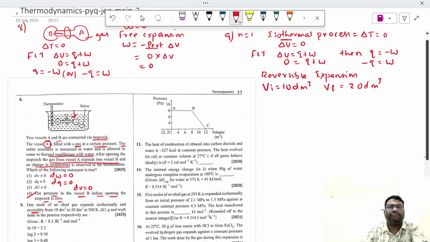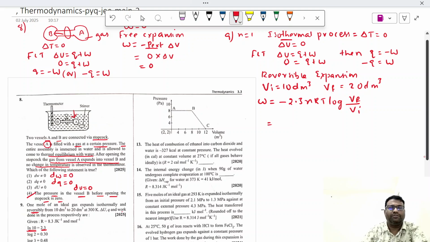And we have derived a formula to calculate the work done. W is equal to minus 2.3, since log 10 is given as 2.3, so we have to take only 2.3, we cannot take 2.303, nRT log V final by V initial.